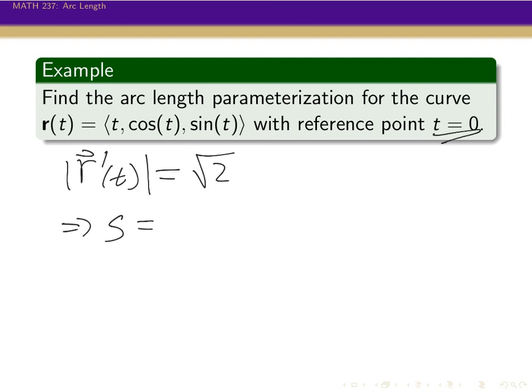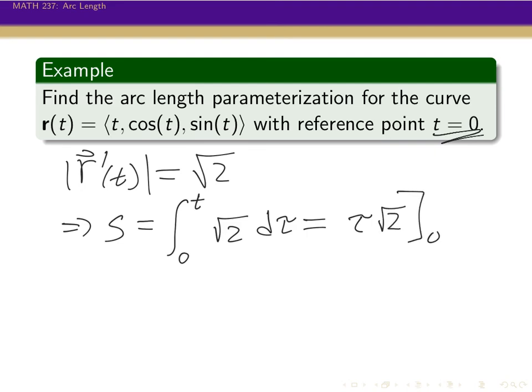Let's use our reference point of 0. So this is going to be the integral from 0 to t of square root of 2 d tau. Got to use something different than t. Integrating a constant, this is going to be tau square root of 2, going from 0 to t, which is just s equals t times the square root of 2.